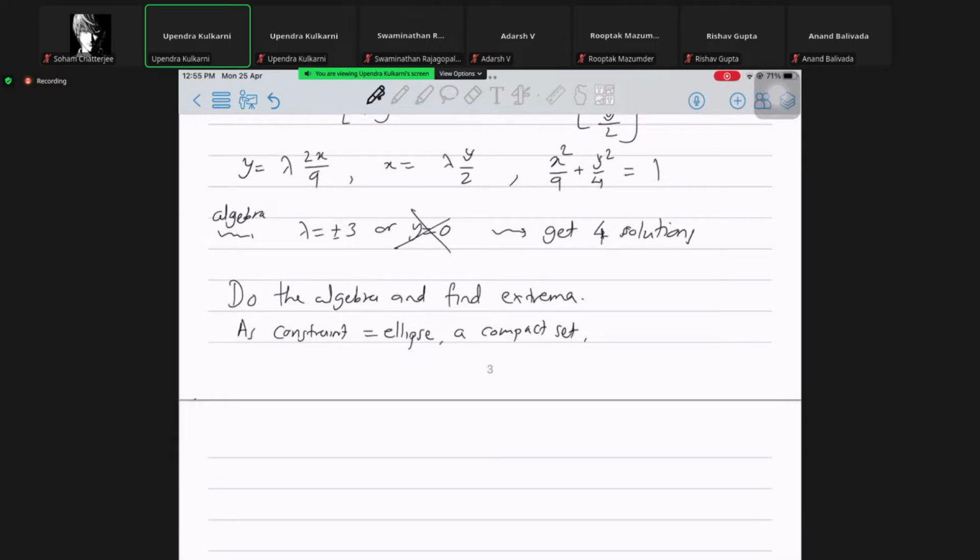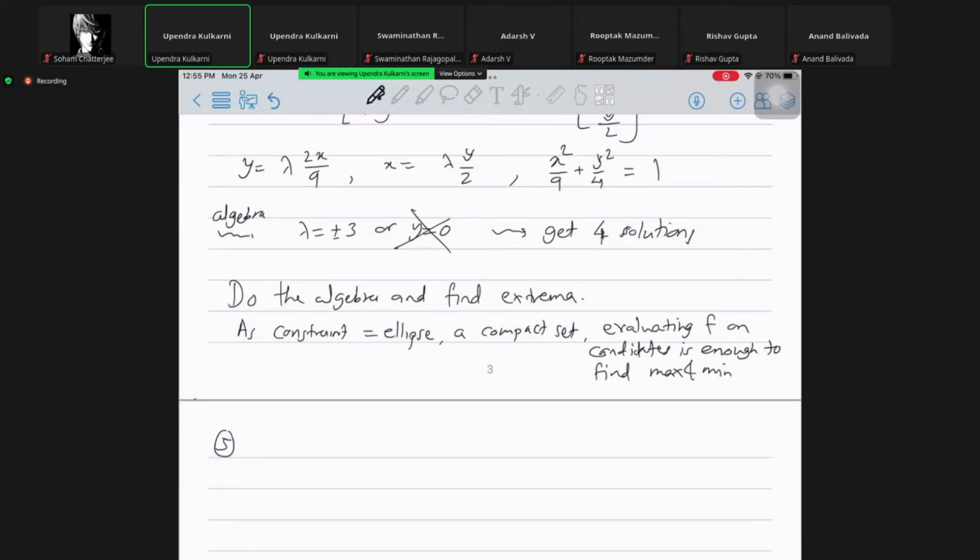Just evaluating F on the candidates is enough to find the extrema, maximum and minimum. Okay. How about number 5?